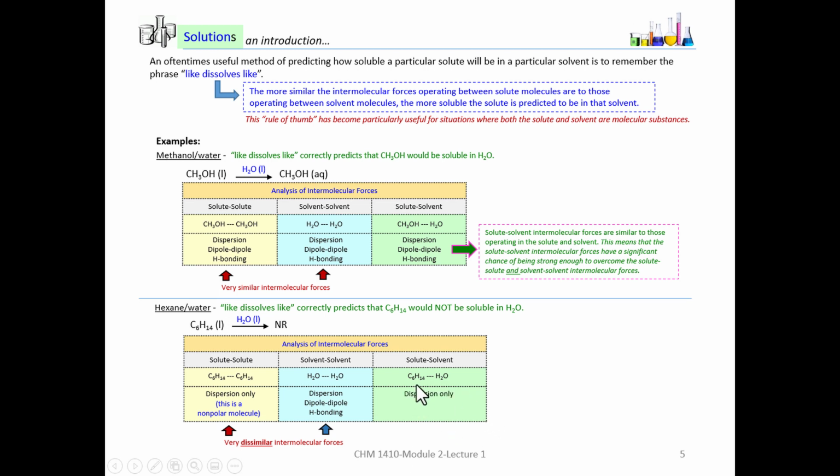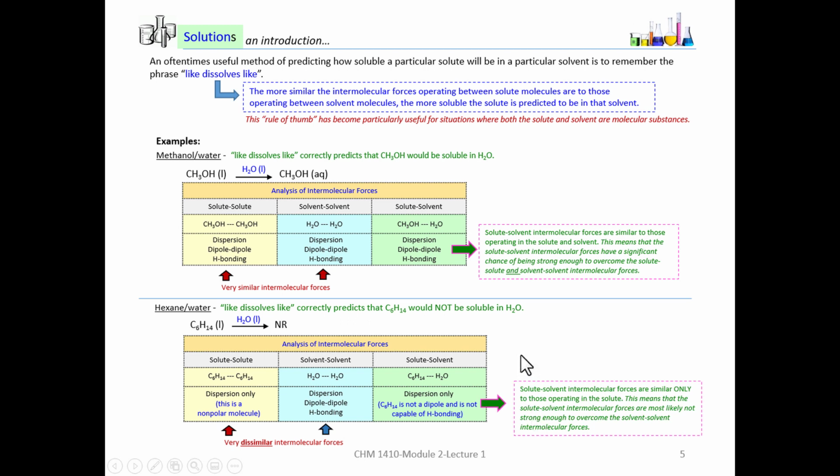And on top of that, the only thing that would attract hexane to water would be dispersion forces, because water's polar and is capable of hydrogen bonding. Hexane is capable of neither one of those. So we say the solute-solvent intermolecular forces are nothing like the forces between water molecules.